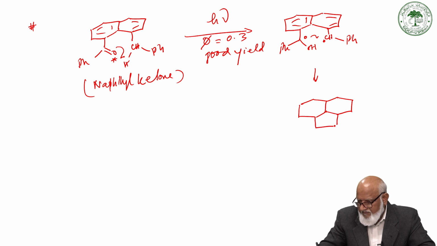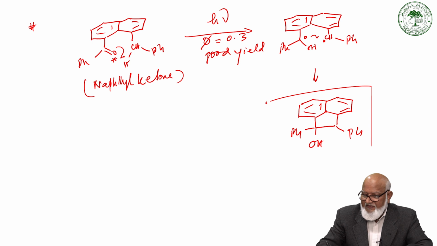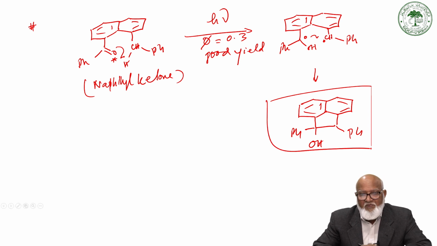Right, this is a Ph OH, and then of course we have Ph. This is aromatized. So you can see a very interesting cyclized product is formed by substituting a proper substituent which is approachable by the excited carbonyl.